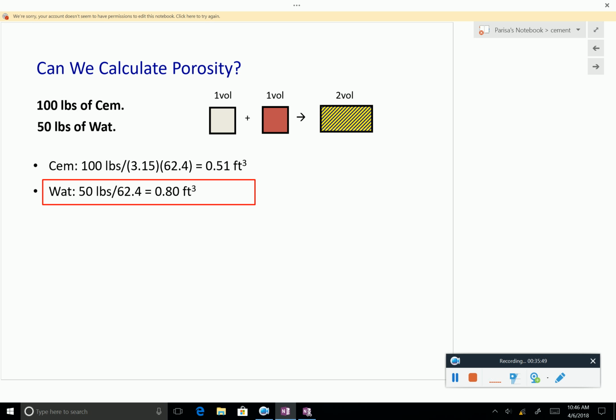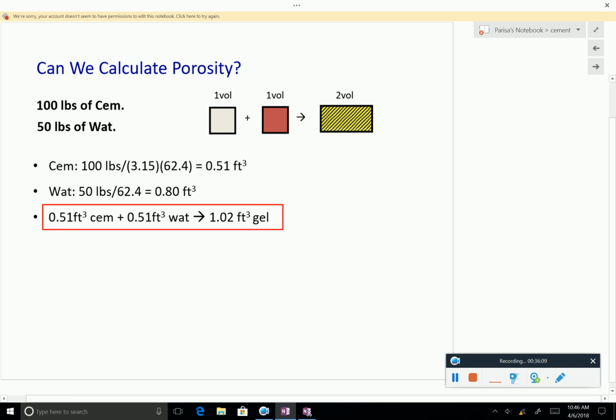Does it all react? No. How much of it? Ratio 1 to 1. How much? 0.51, right?